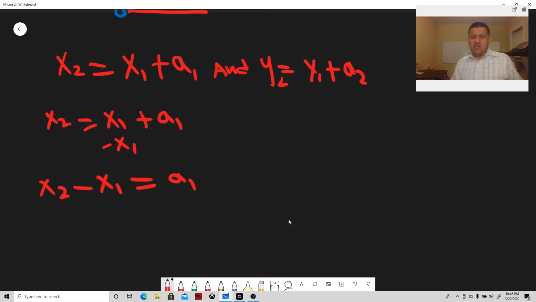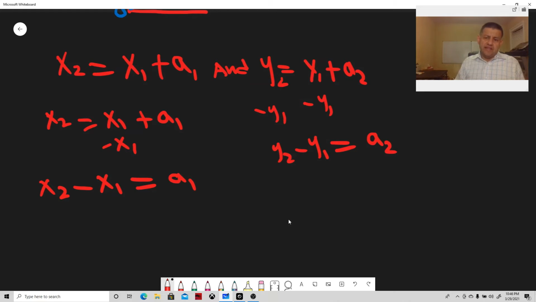The same thing here. You want to solve for a2. So when you solve for a2, you subtract y1 on both sides, and you get y2 minus y1 is equal to a2.